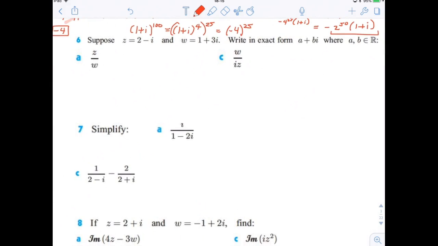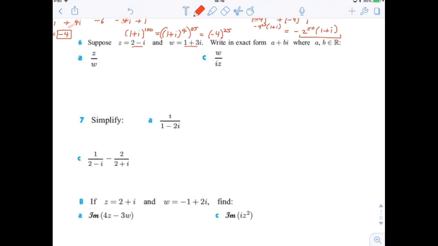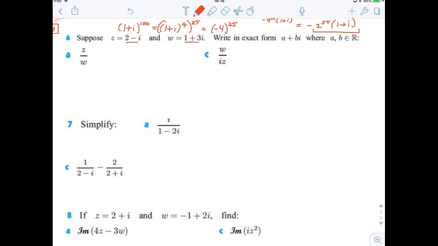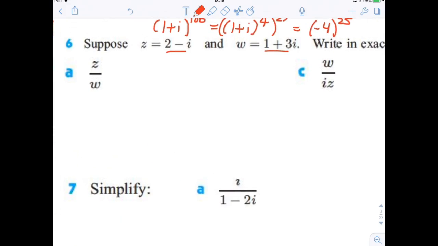Okay, number 6. Suppose z equals 2 minus i and w equals 1 plus 3i. Write in exact form a plus bi. So z divided by w, that would be (2 - i) divided by (1 + 3i). The way I do division is I make adjustments to the fraction so that I don't have any imaginary parts in the bottom.